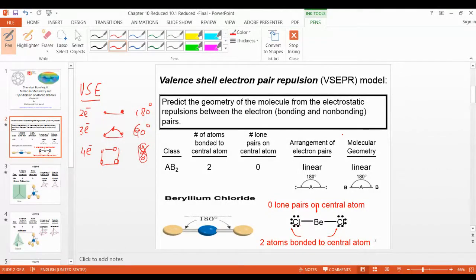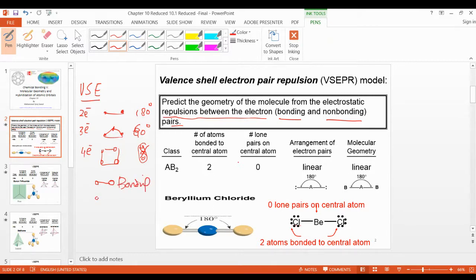What is this? It predicts the geometry of the molecule from the electrostatic repulsion between bonding and non-bonding electron pairs. What is bonding? As I told you, these are the bonding pairs. They will make bonds.